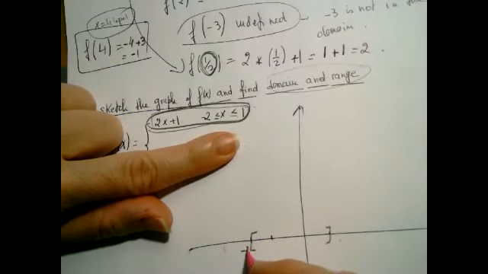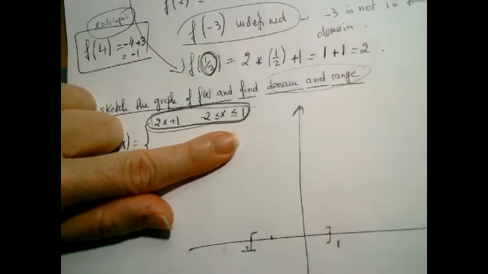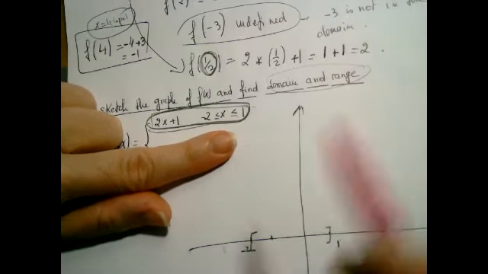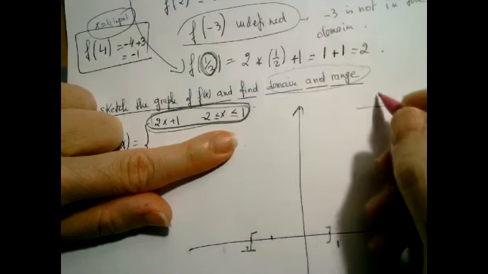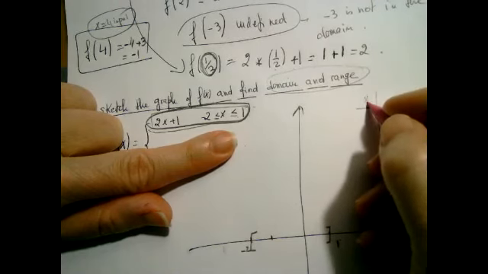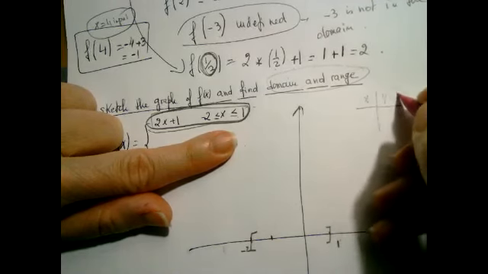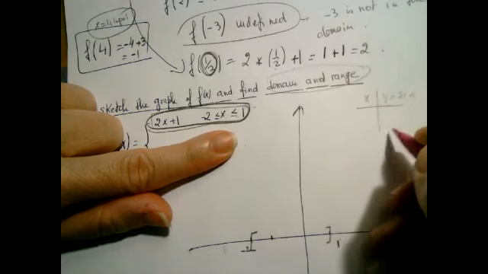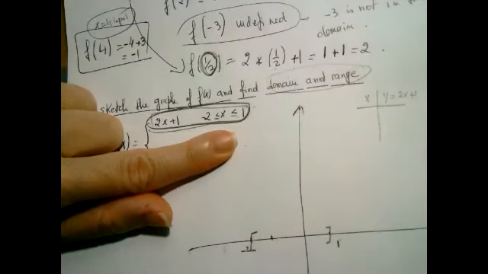So this is -2, and this is 1. How do I sketch that? This is a line, 2x plus 1, so I need points: x and 2x plus 1. I'm interested in it between -2 and 1 only.